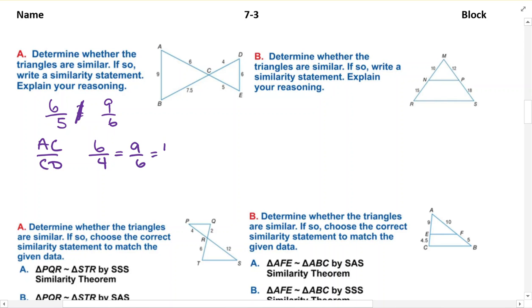And does that equal 7.5 over 4? Well, 6 over 4 reduces to 3 over 2. 9 over 6 also reduces to 3 over 2.